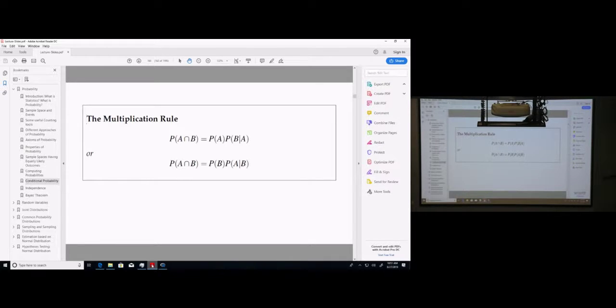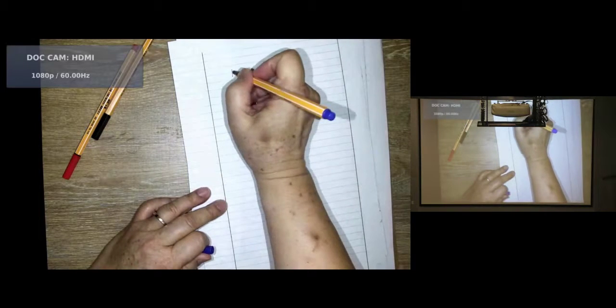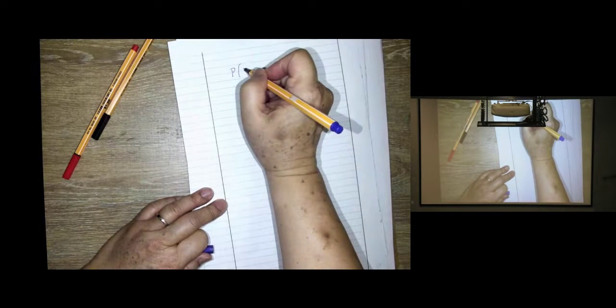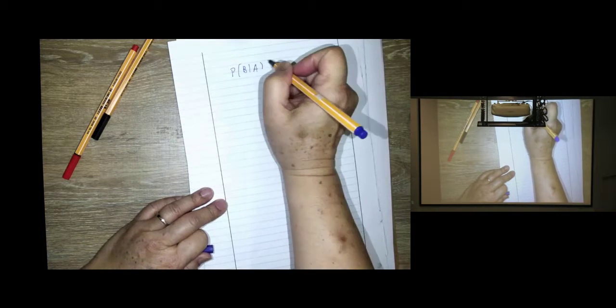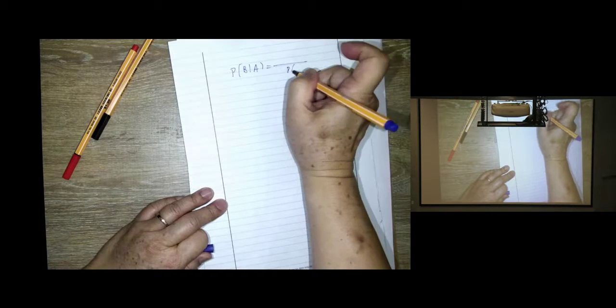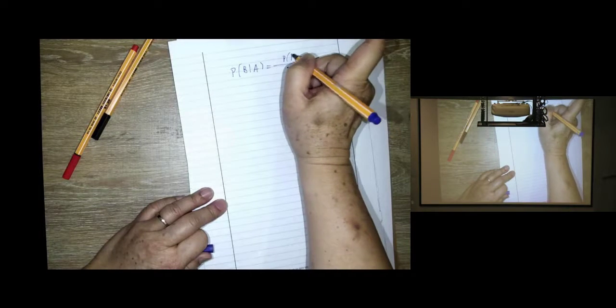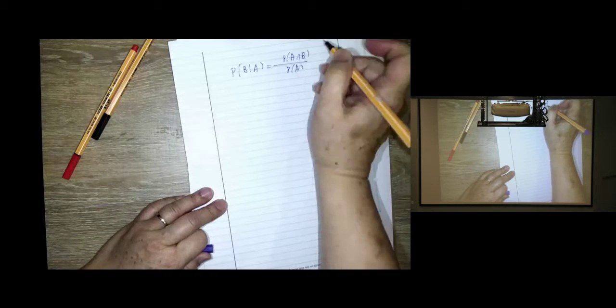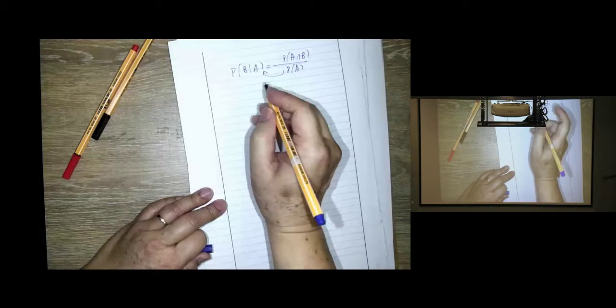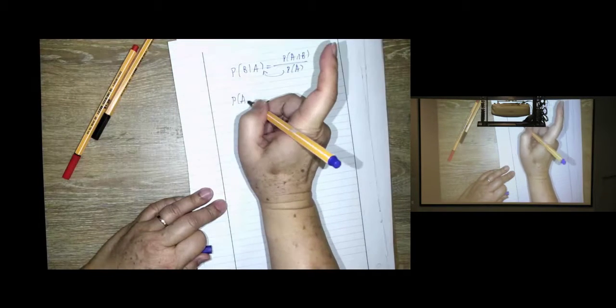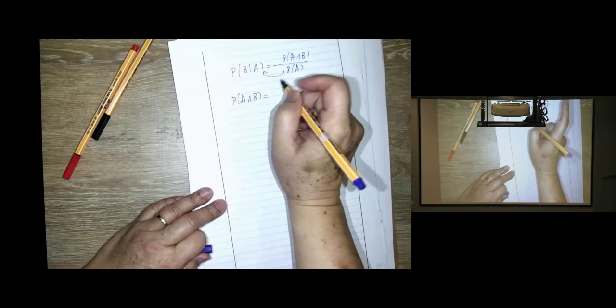Okay, now algebraically, this is just a matter of rearranging the terms, which is not a big deal. So I'm referring to the first one. This is the definition. So I'm multiplying this term over, so I will have this.